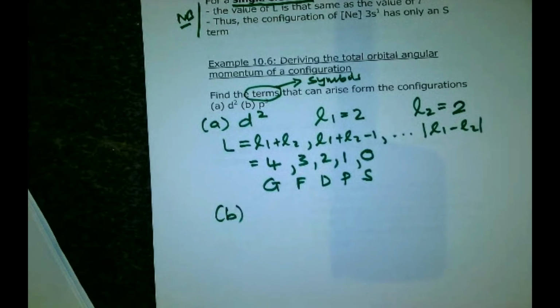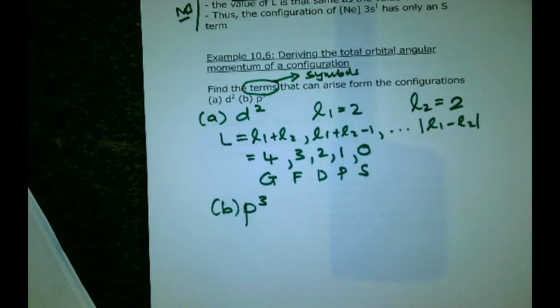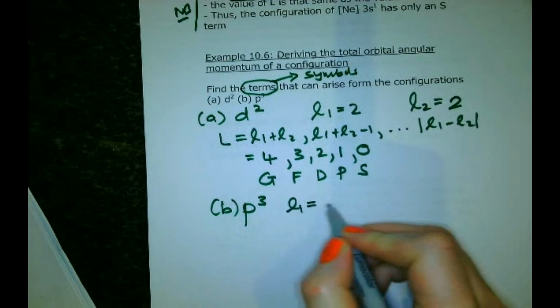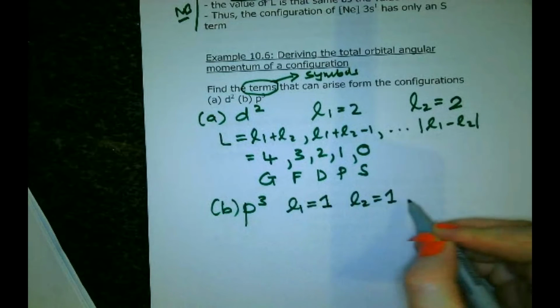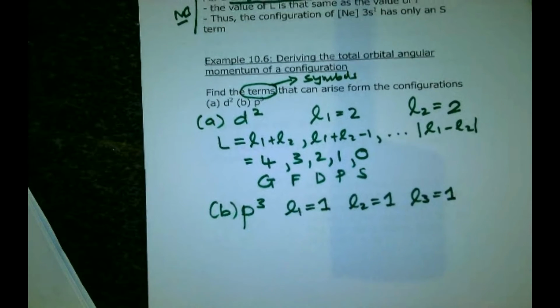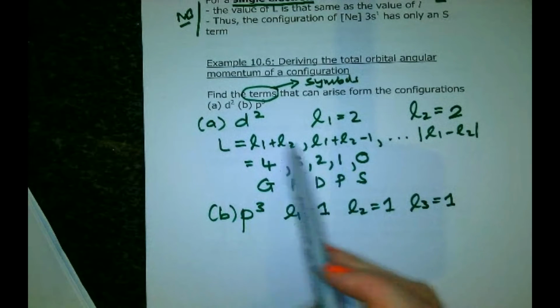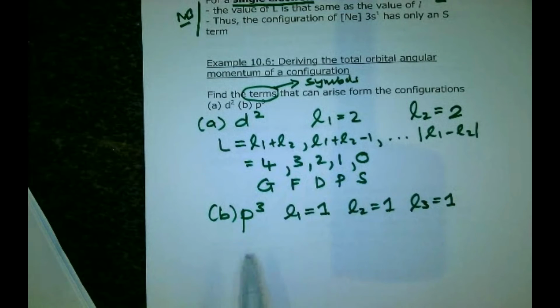And let's look at the second example, which is a p orbital. But now things get even more complex because we've got 3 electrons. So L1 for a p orbital is 1, L2 is 1, and L3 is 1. Now what do we do? Because our Clebsch-Gordan series only allows us to couple 2 orbital angular momenta, not a third one.